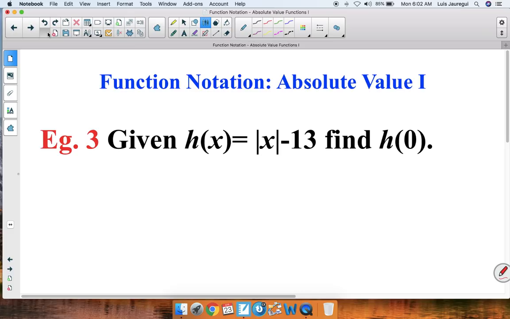Example 3. Given h of x is equal to the absolute value of x minus 13, find h of 0. So let's take a look at this using method 1, or the description method.